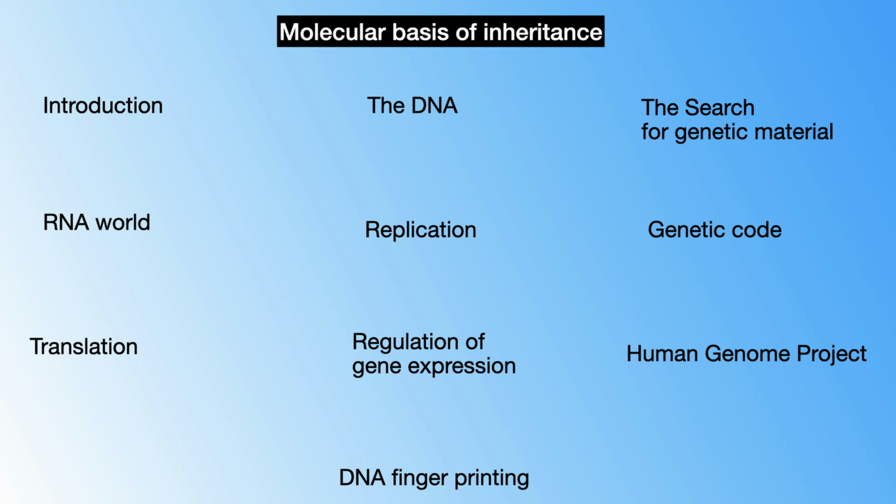Let us see how DNA fingerprinting works. Now, the secret weapon of DNA fingerprinting is VNTR, that is, variable number of tandem repeats. What is it? It is a mini satellite where a small sequence is repeated over and over.